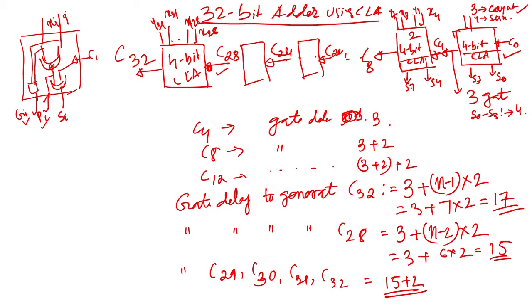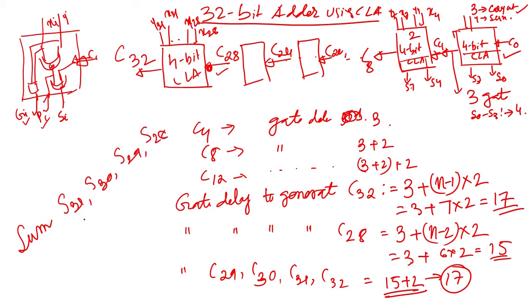So, after generating the carry, for the sum, giving input is giving 17 gate delay. Then the sum will take one more gate delay. So, therefore, for the sum, S31, S30, S29, S28, these all will take one more gate delay, that is 17 plus 1. So, total 18 gate delay.